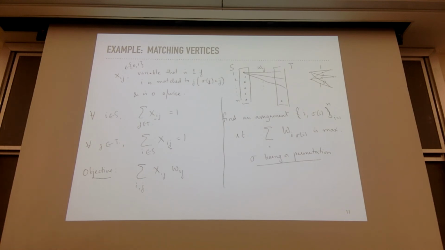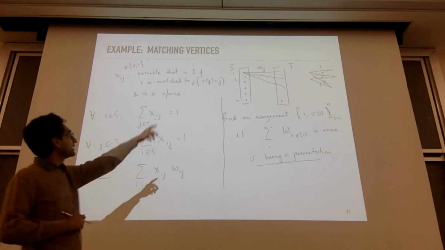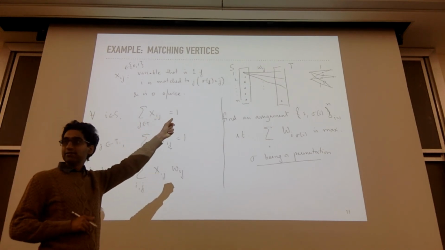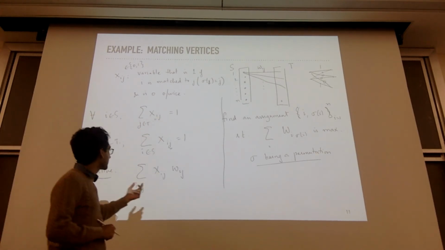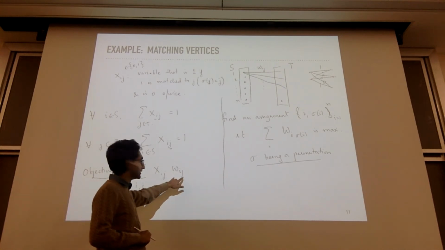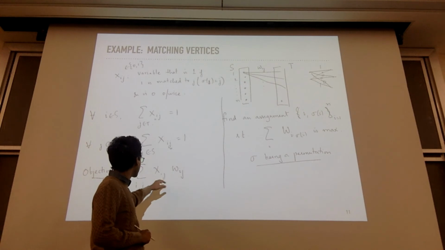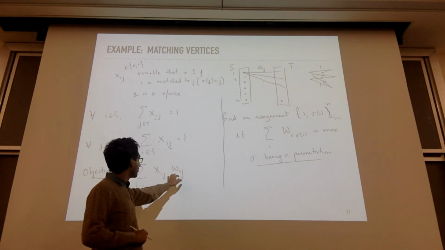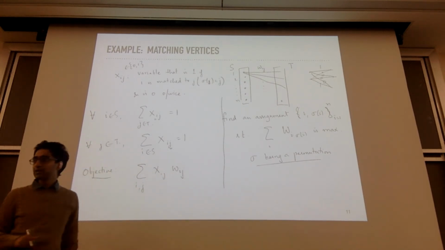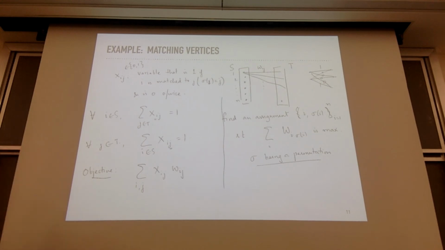And this captures what you wanted, because x i j is 1 only if i was matched to j. In that case, you want to get w i j into your sum. Otherwise, x i j was 0, so whatever the coefficient was, it doesn't matter. Okay? So this is exactly how you would capture this objective.